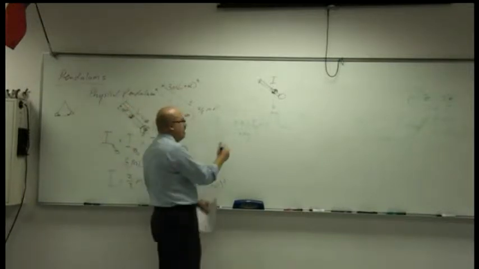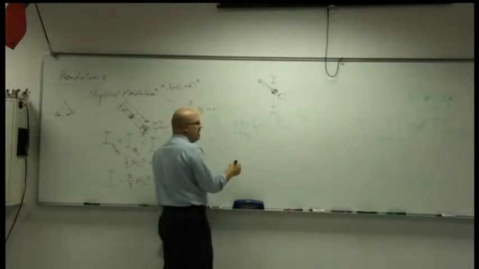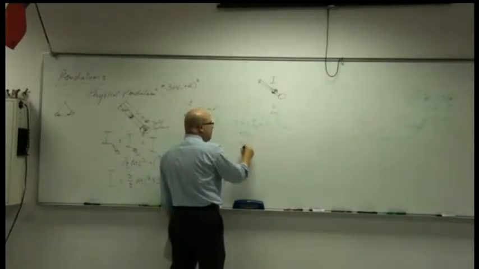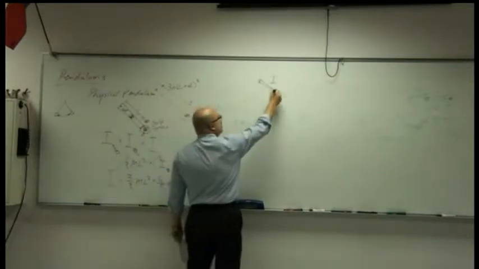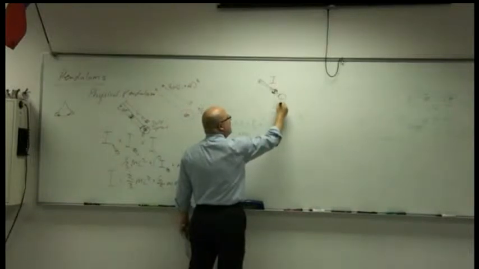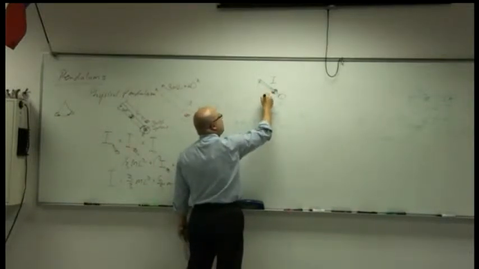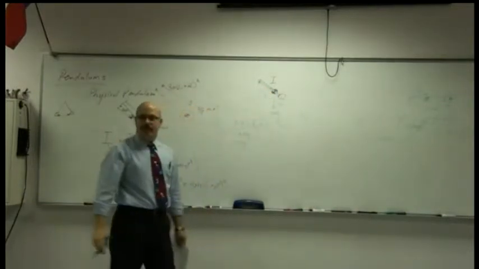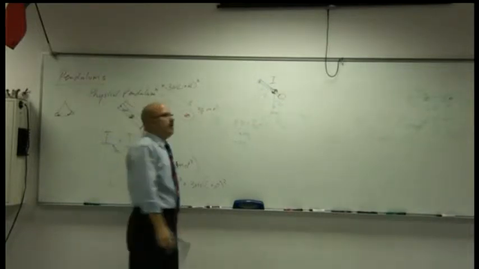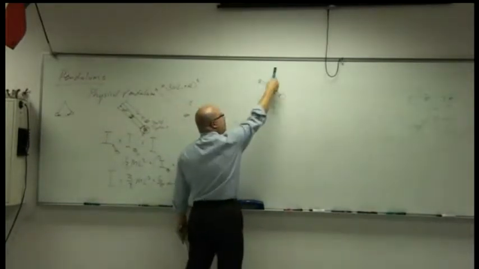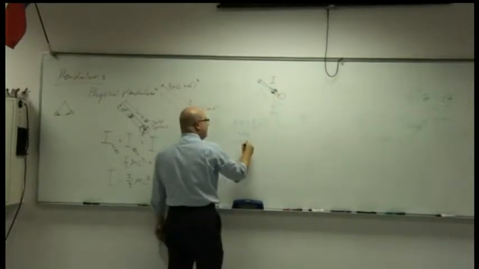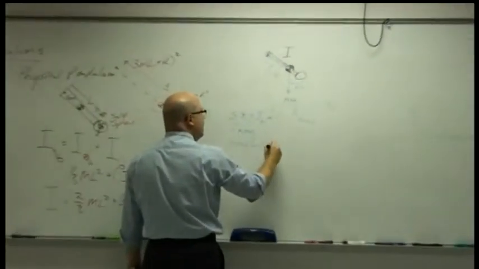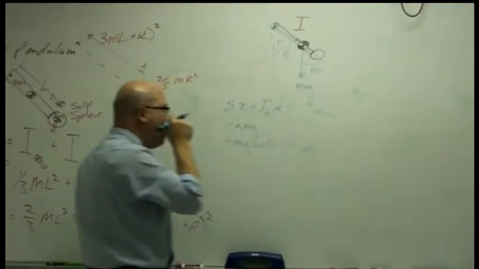R center of mass, the distance. Our mg is mg, but the cross is going to be sine of theta. That's this theta right here, which is the same as this theta here, because this points in this direction, and this is the direction between the points. So that's R mg sine theta equals I alpha.